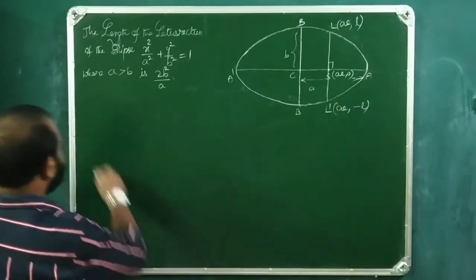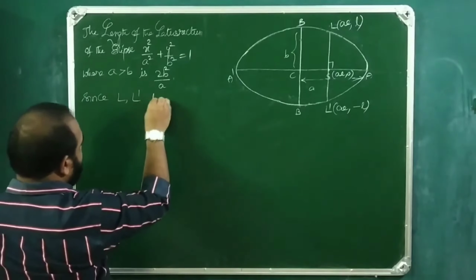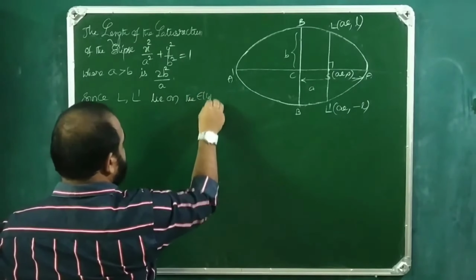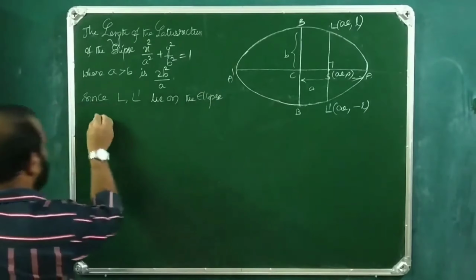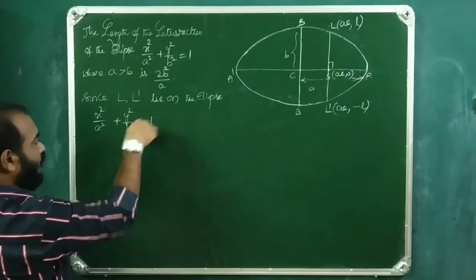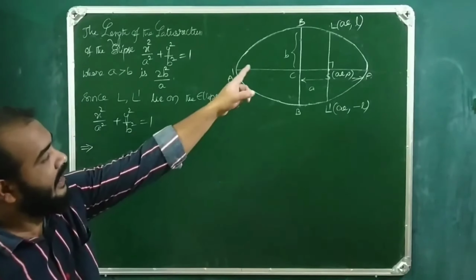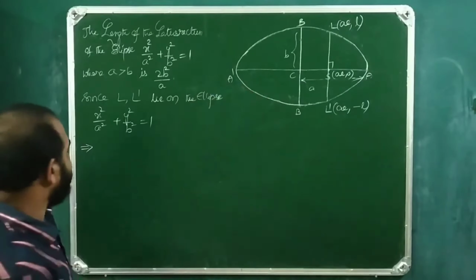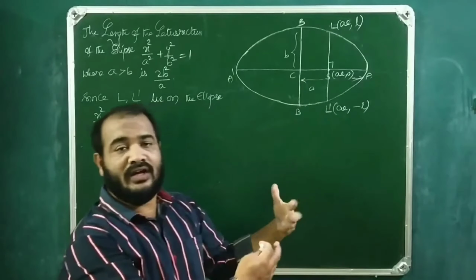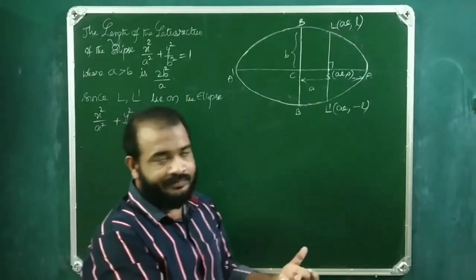Now, since L and L dash lie on the ellipse x square by a square plus y square by b square equals 1, they must satisfy the equation.